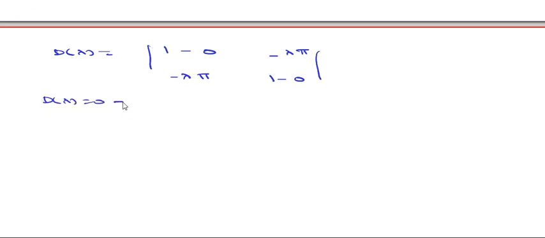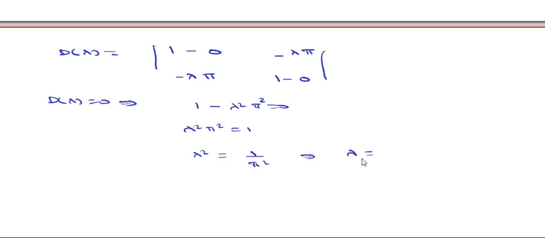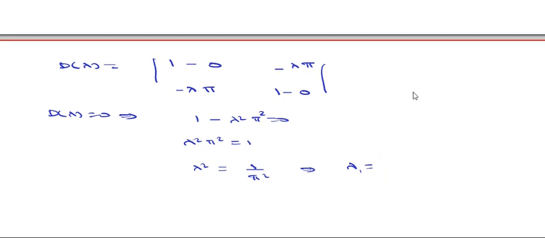Now D of lambda equal to 0 implies 1 minus lambda square pi square equals 0. Lambda square pi square equals 1, lambda square equals 1 by pi square. So this implies lambda 1 equals, so there is a condition given on lambda 1 and lambda 2.